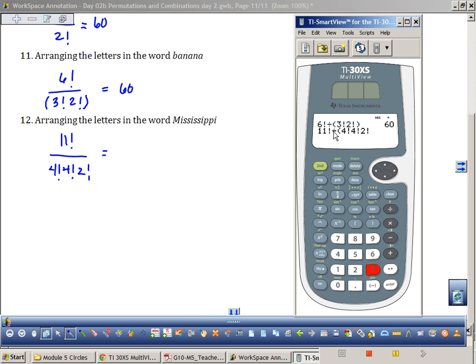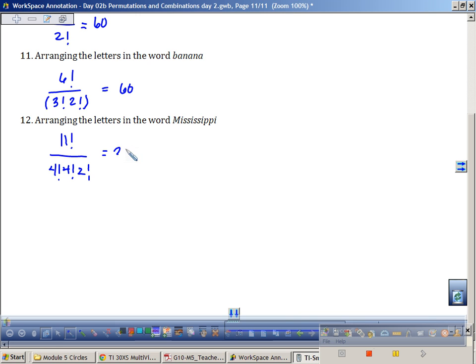That's right. 11 factorial divided by 4 factorial, 4 factorial, 2 factorial. So I just need to do parentheses and enter. And I should have got 34,000. Oops. I have written down 34,650. Okay, that concludes this lesson.